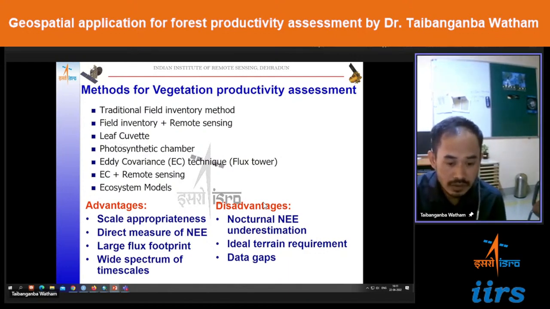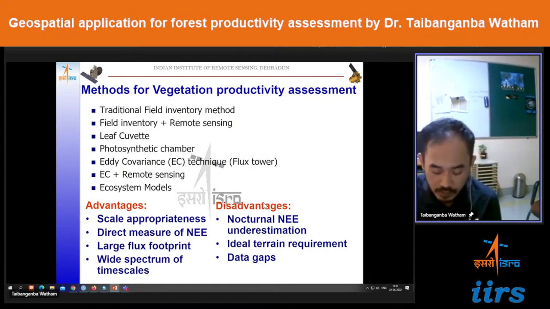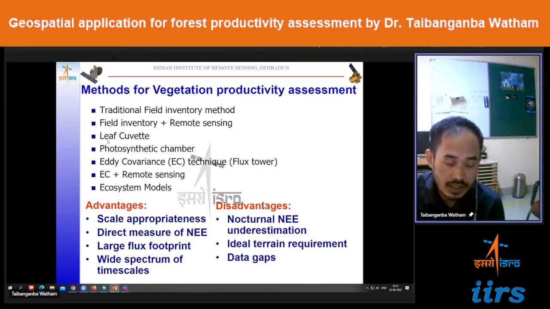So the variety of leaves, depending upon age, maturity, position or sun exposure, cannot all be covered using the leaf cuvette method. Only a few samples are collected in this case, so we are not able to exactly quantify or sample everything which is contributing to the vegetation productivity.